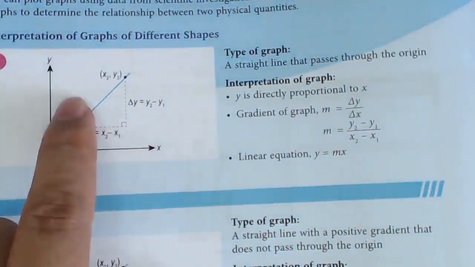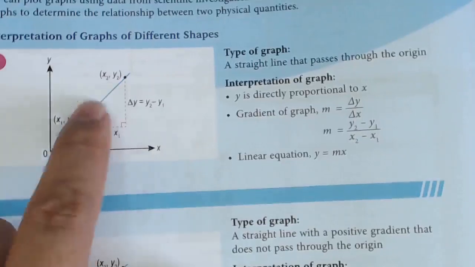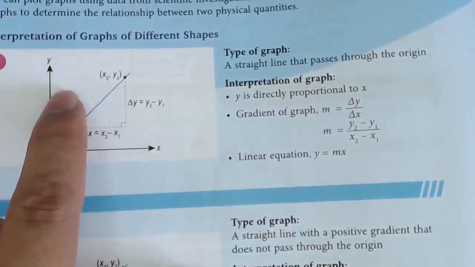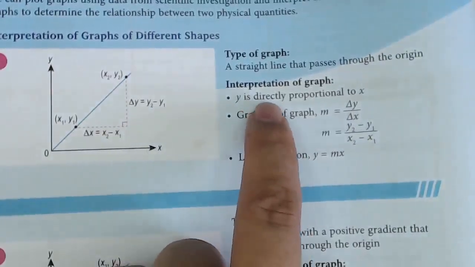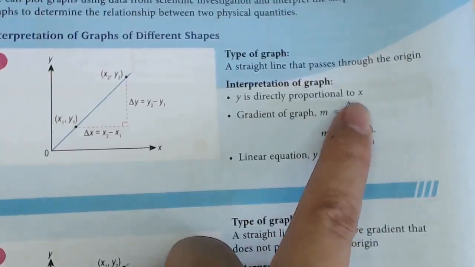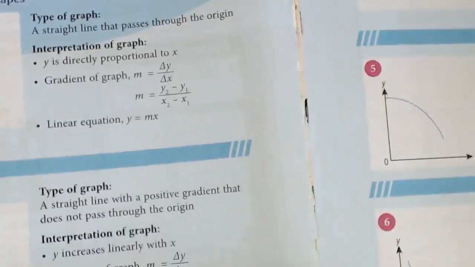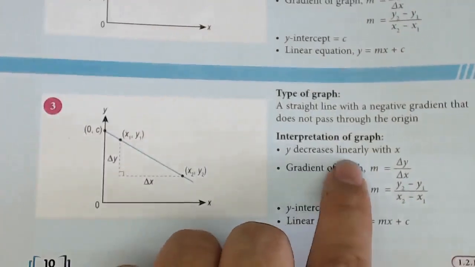If this x increases as this y increases, how do we say it? The relation is y is directly proportional to x. That is the idea. If it decreases like this, we say decrease linearly.